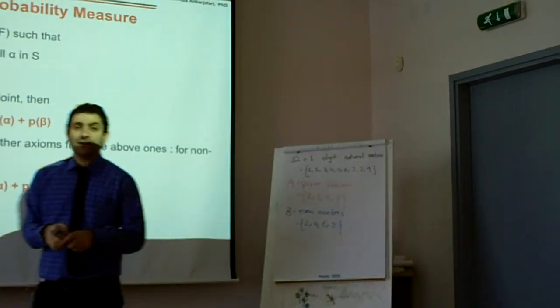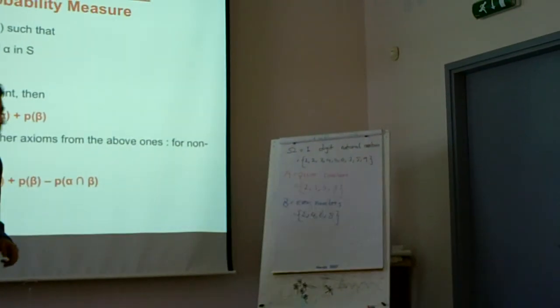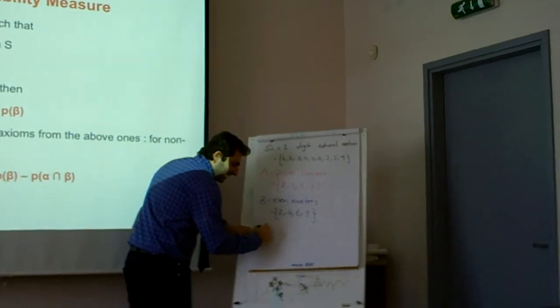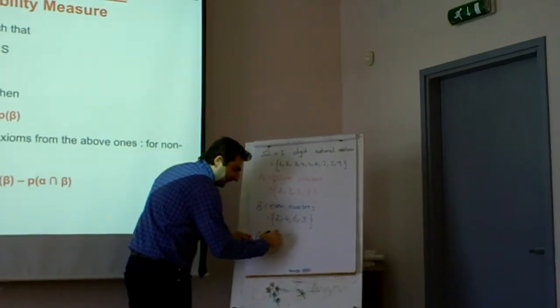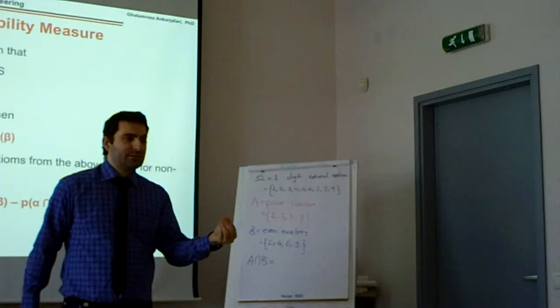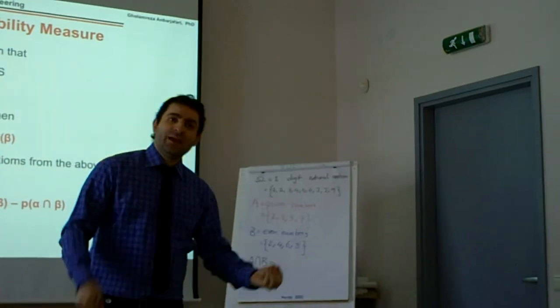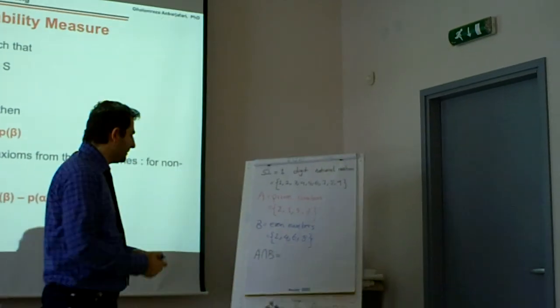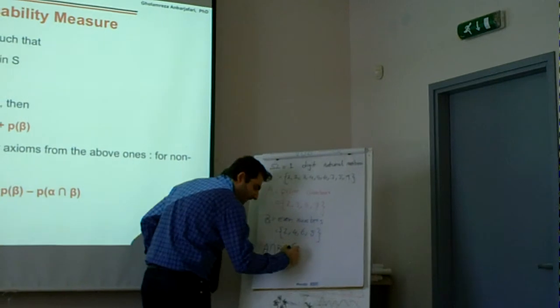Now, question. Are A and B disjoint? In other words, what is the intersection of A and B? Or written in this form: is there any element which is in A and is also in B? Yes. What is it? 2.